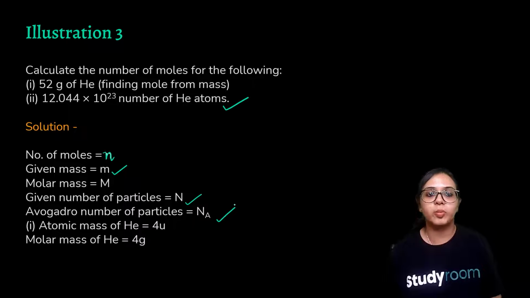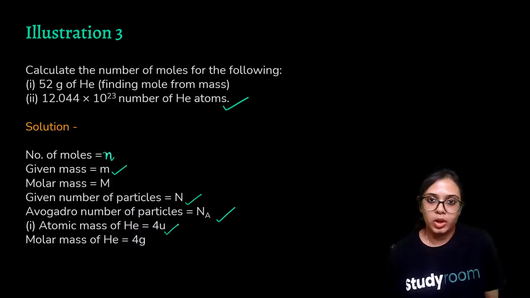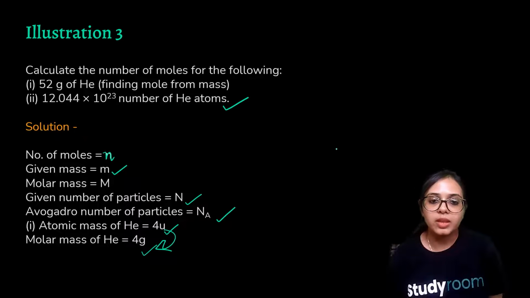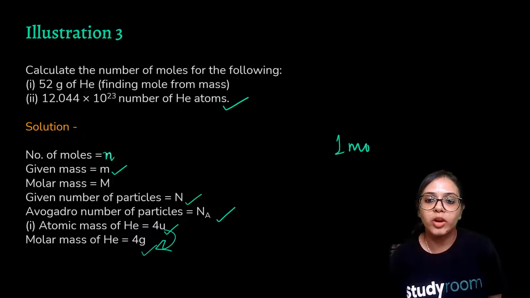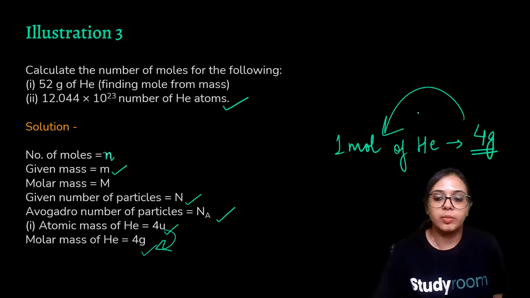How many moles would be there in 52 gram of helium? The atomic mass unit of helium is 4U. The molar mass would be 4 gram. You just have to switch the units. So that means for 1 mole of helium, the mass would be 4 gram. Or you may also write it the reverse way, that 4 gram of helium has 1 mole of helium atoms.